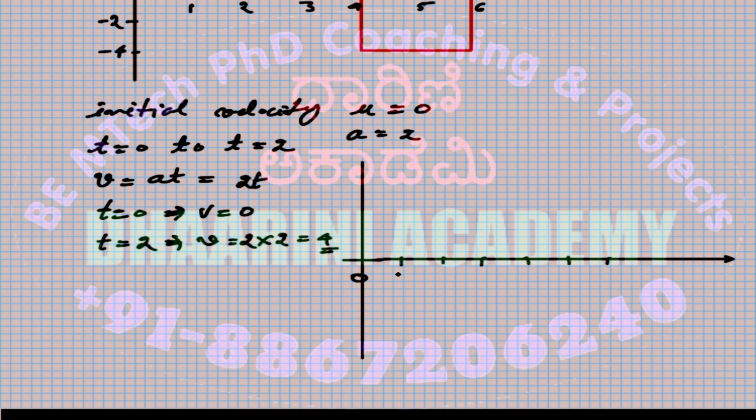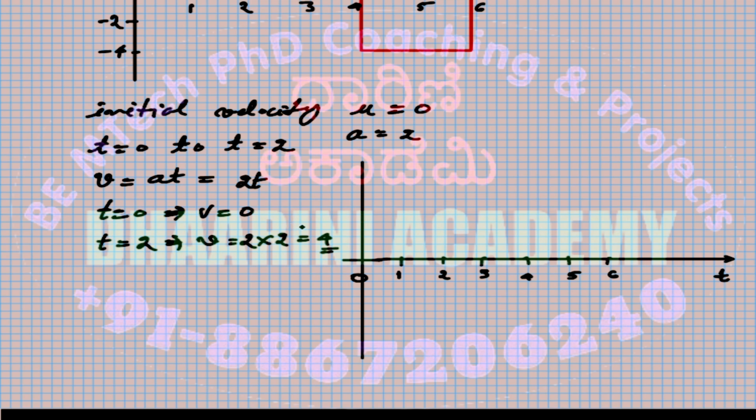So we will draw the exact same points as given in the input graph, the acceleration graph: 1, 2, 3, 4, 5, 6 seconds. So totally we have 6 seconds. This is the time axis.